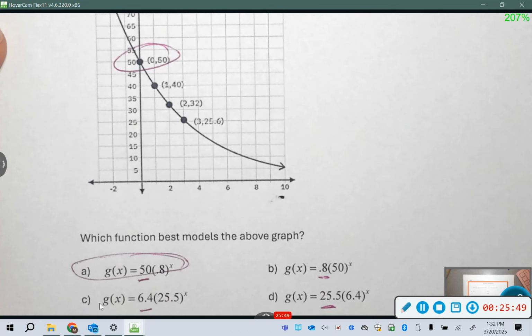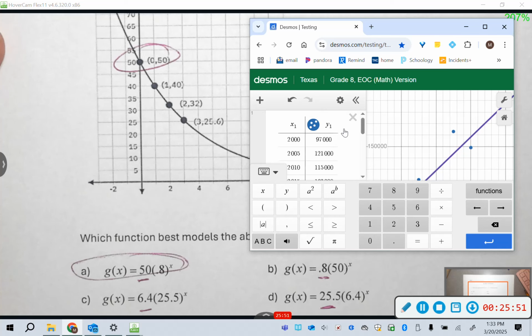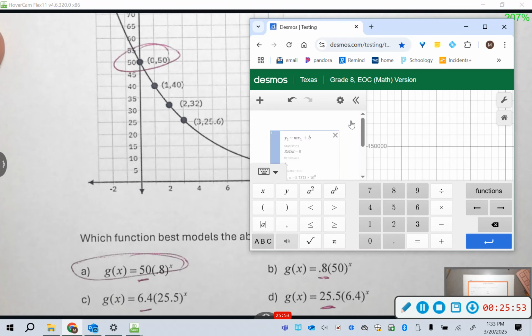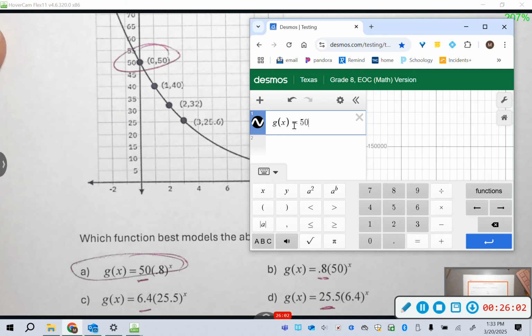But let's check our work, because if we're given equations, y'all, let's make sure we're right. So I'm going to type in A, which is g(x) equals 50 parentheses 0.8 to the x power.